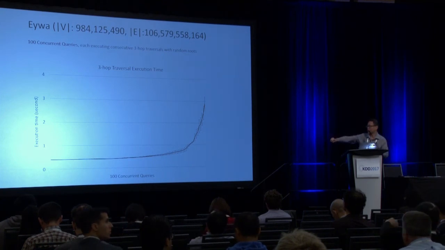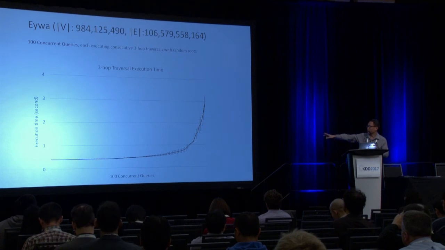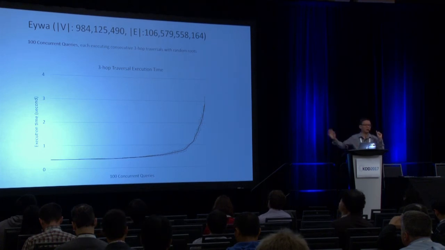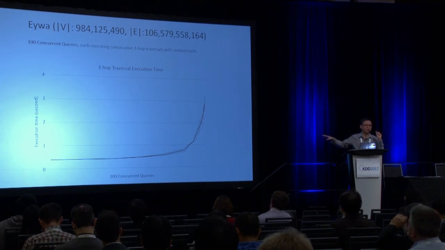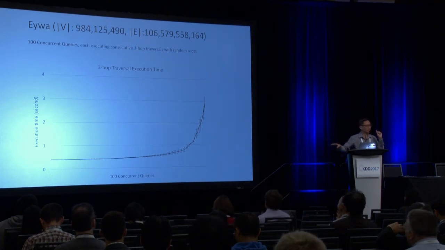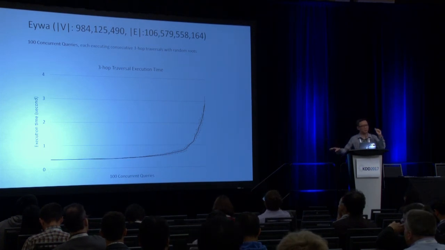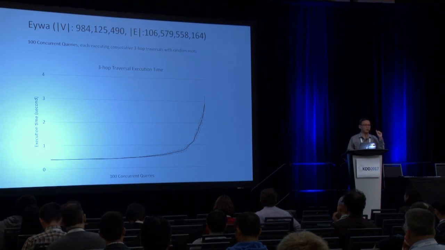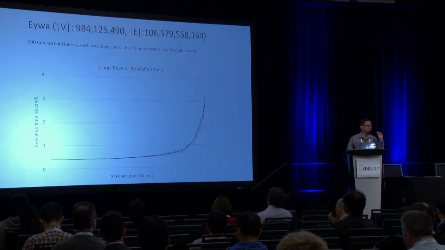So if you look at this, we can see a large number, over 80% of the queries, can be answered within 1 second. I want to remind you, this graph has more than 100 billion edges. So retrieving 3-hop neighbors within 1 second is, to the best of our knowledge, the fastest in any publicly announced results so far.